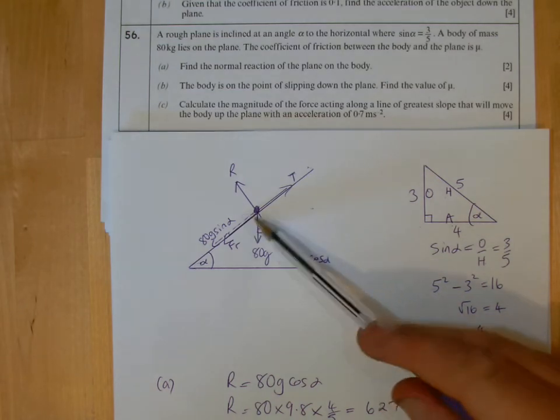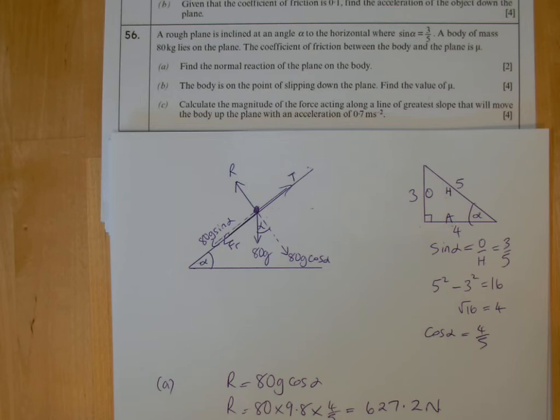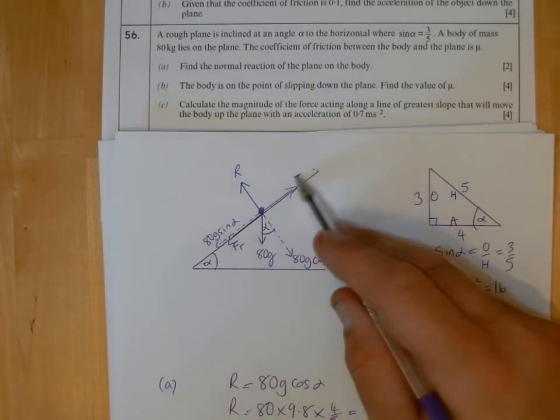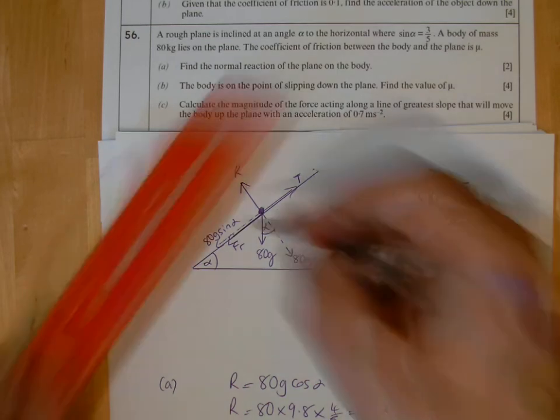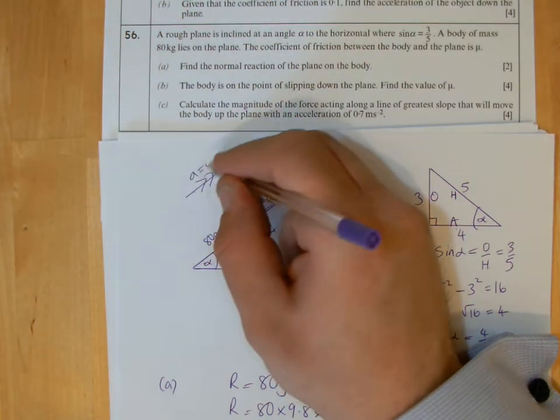Friction is going to oppose the motion, so it's going to go down. So we need to work out the size of this force. We know it's accelerating up the hill, and the acceleration is 0.7.